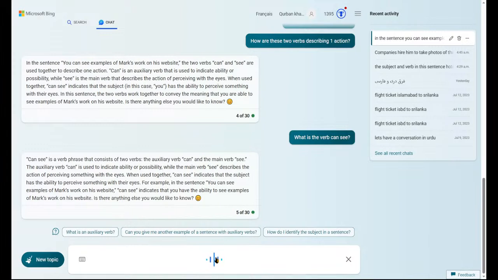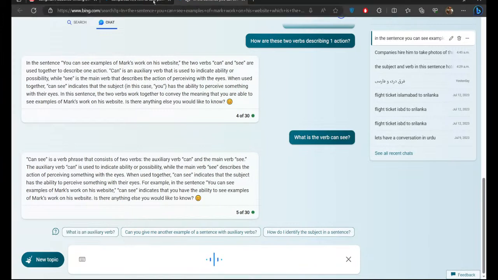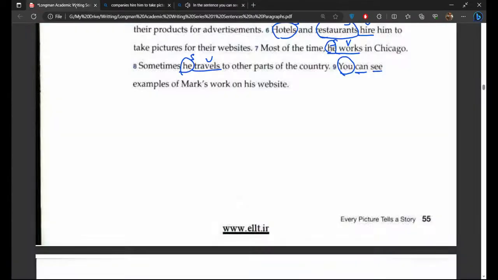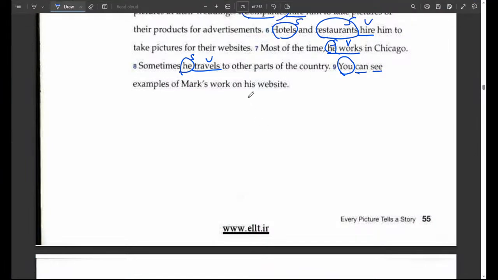The auxiliary verb can is used to indicate ability or possibility, while the main verb see describes the action of perceiving something with the eyes. When used together, can see indicates that the subject has the ability to perceive something with their eyes. For example, in the sentence, you can see examples of Mark's work on his website, can see indicates that you have the ability to see examples of Mark's work on his website. Is there anything else you would like to know?